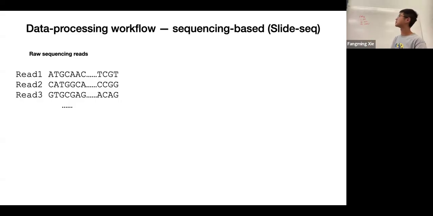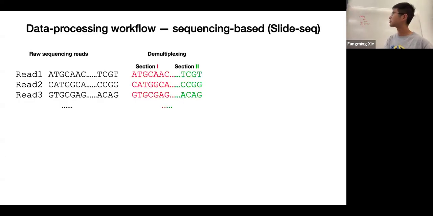For Slide-seq, because it's sequencing based, there are no raw images involved. You just have a bunch of sequencing reads, read 1 through n, that have their full sequence. We knew from experimental design that part of the sequence came from endogenous mRNA you extracted from tissues and cells. The other part is a barcode that you introduced to encode spatial information.